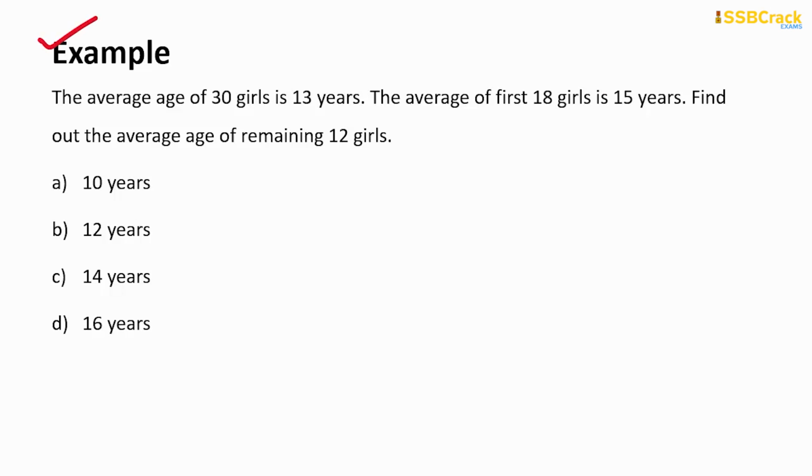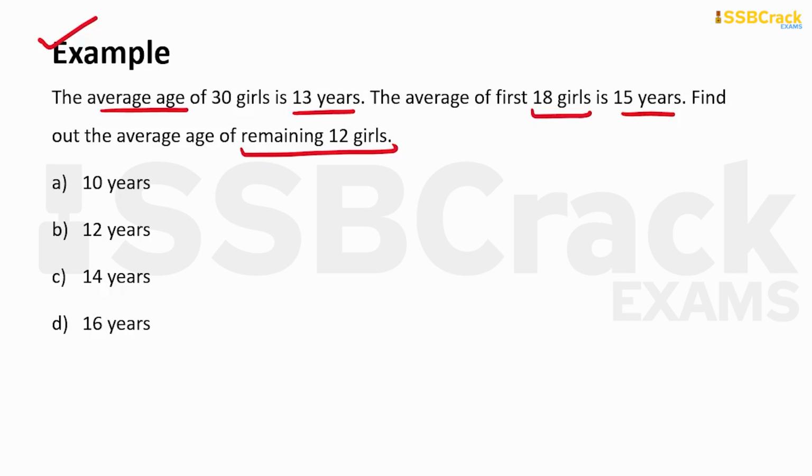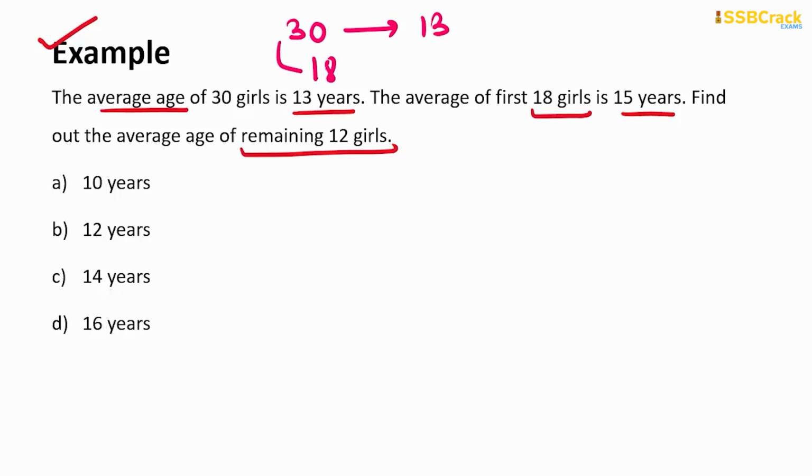So this is an example and it states that the average age of 30 girls is 13 years. The average age of the first 18 girls is 15 years. Find out the average age of the remaining 12 girls, right? So here we are given that the average age of 30 girls is 13 years and the average age of 18 girls, that is the first 18 girls, is 15 years.